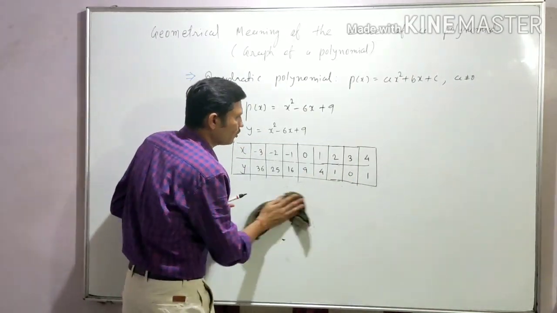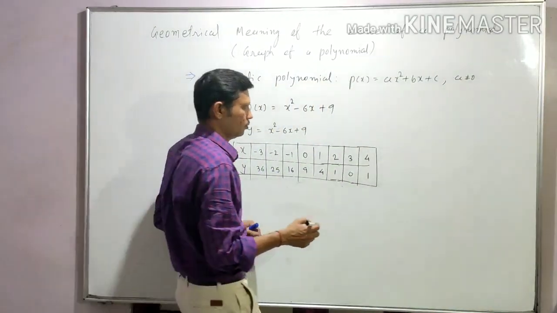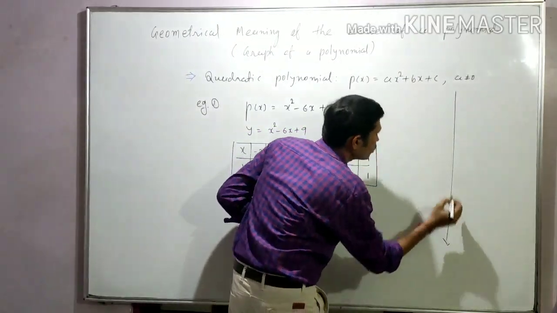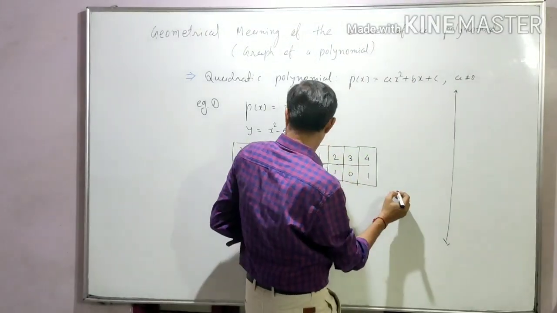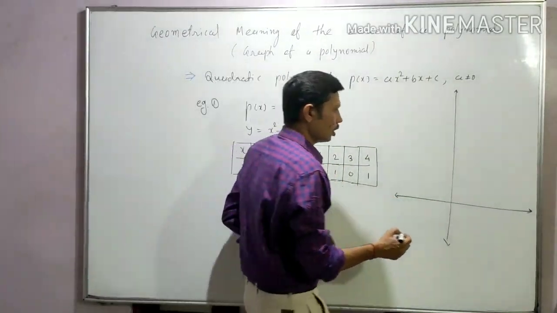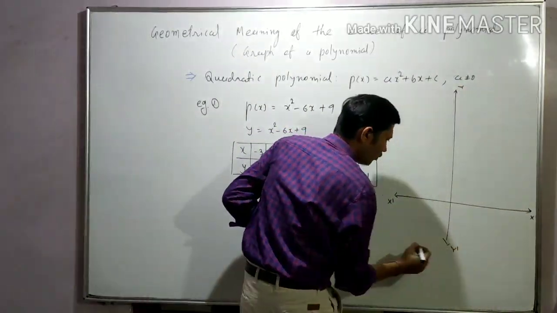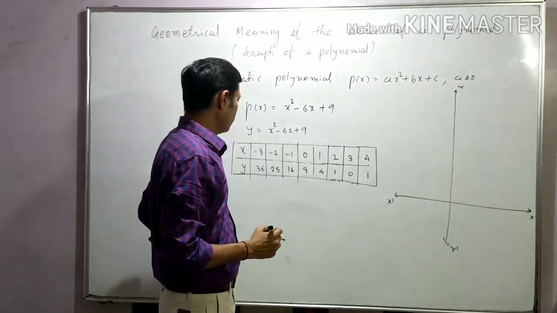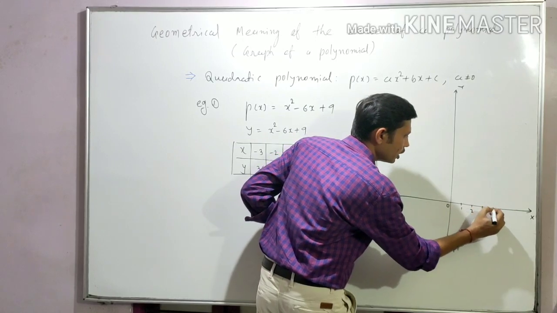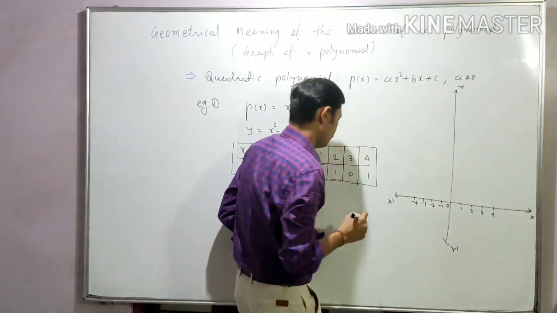Now let's plot the graph. See, for the y coordinate we require so many points. Here it's x, x dash, y, y dash. Let here it be 0, 1, 2, 3, 4, and here minus 1, minus 2, minus 3, minus 4.